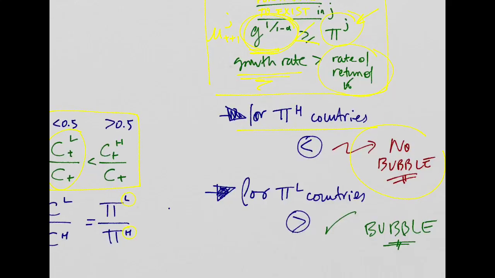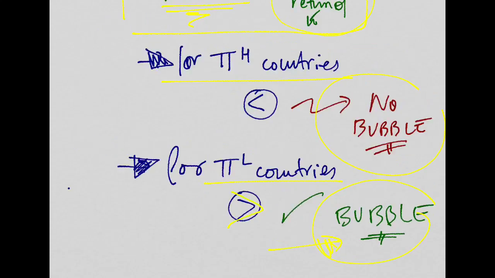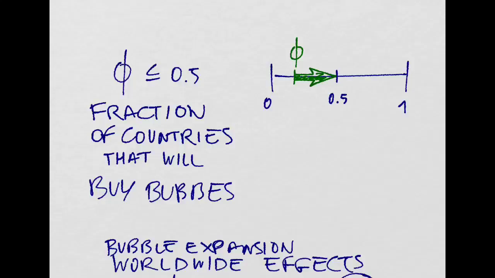But then for low productivity countries, this is actually higher. So bubbles are feasible and are more attractive than capital. So they will massively go into buying bubbles. And this is why we see that high productivity countries end up holding very little bubbles, but low productivity countries end up buying tons of bubbles.